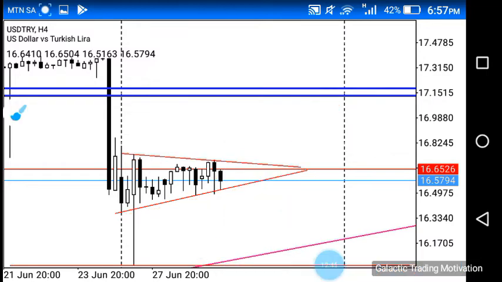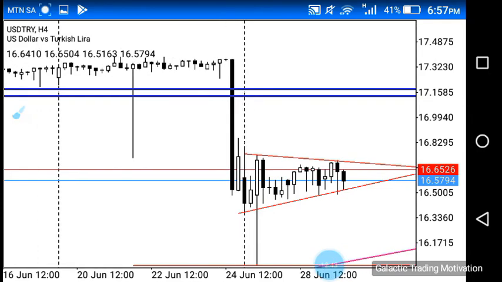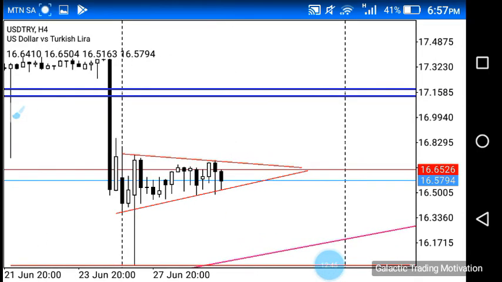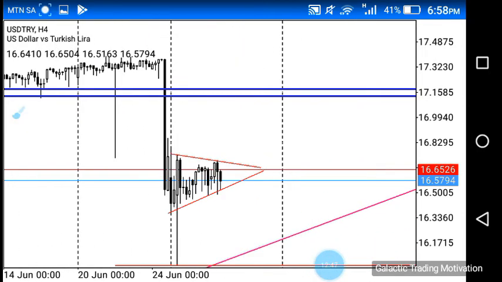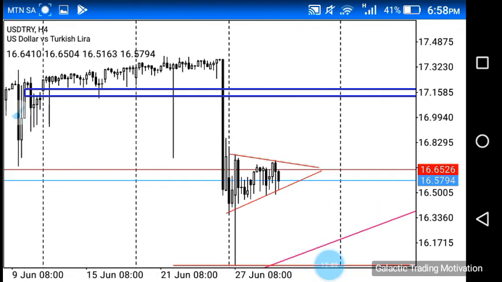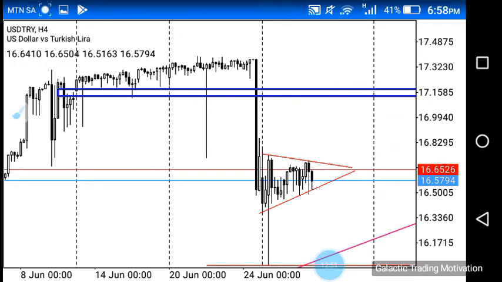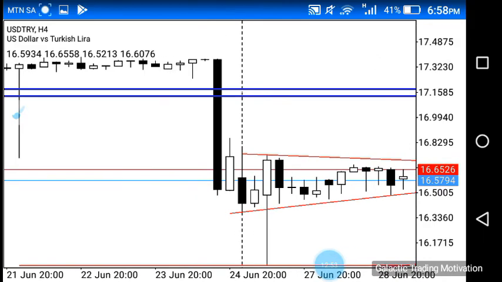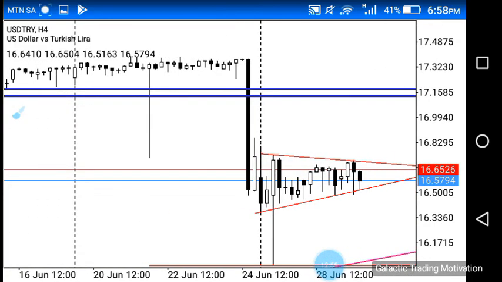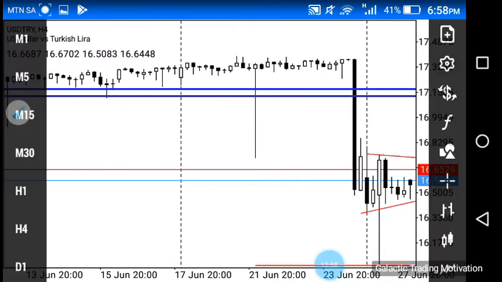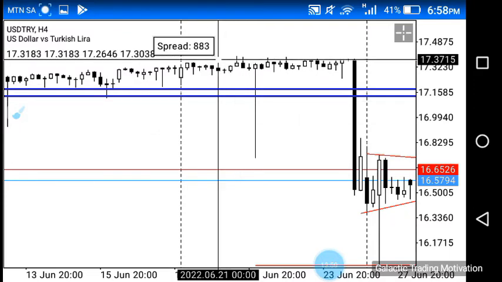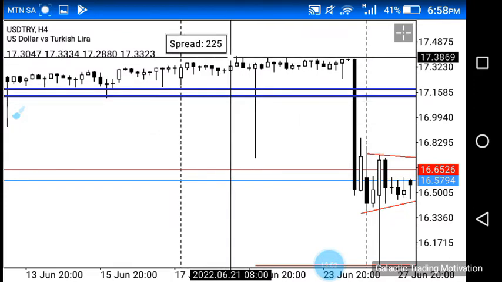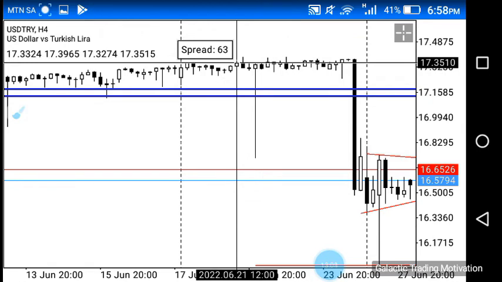So let's continue. What else do we see on this chart that is interesting? I don't see anything further really, except that we might have a liquidity area at this point, because we have this candlestick over here, and it is a liquidity candlestick as well.